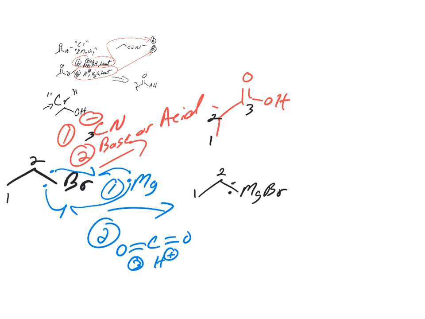It's a little different, but you can probably see what's going to happen here. It's going to add in. It doesn't matter which oxygen it goes to; we break a pi bond, so it could be either one. It's symmetrical. So we've added one carbon here. This is after step 2. Number of carbons: 1, 2, 3.